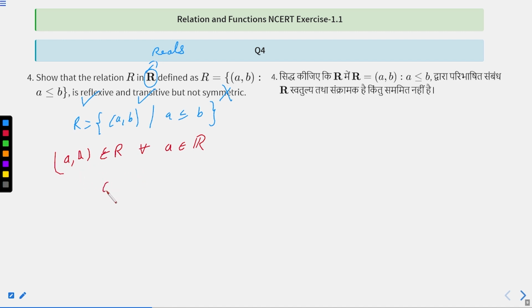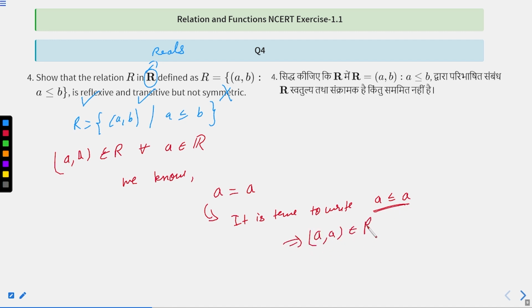We know that A is equal to A. So from this I can write that it is true to write A is less than or equal to A. By definition, this implies that A comma A belongs to the relation R for every A belonging to the set of reals.